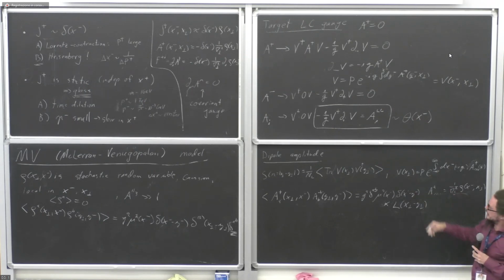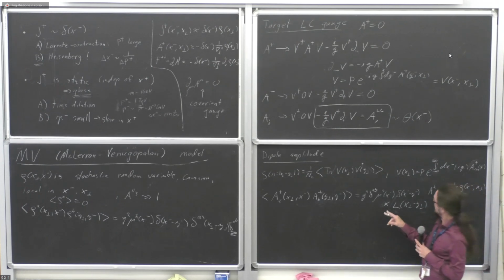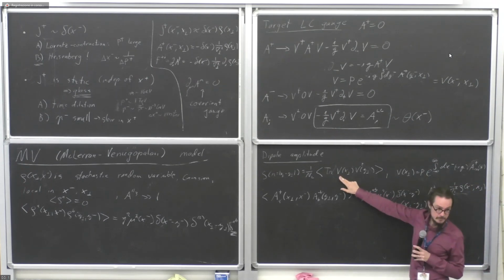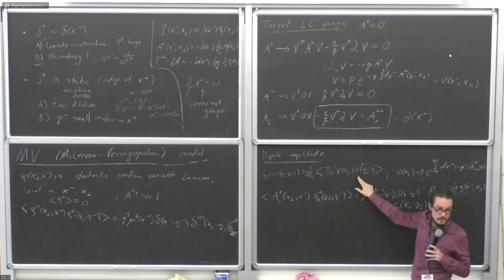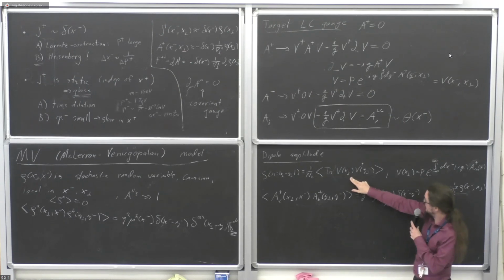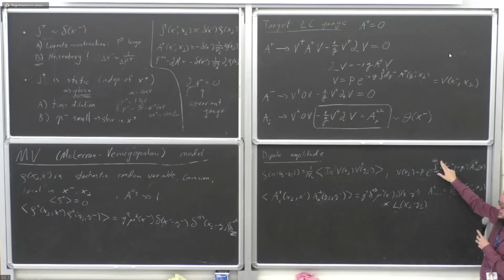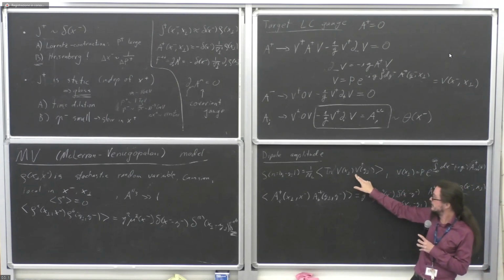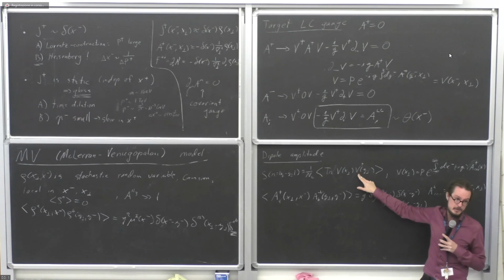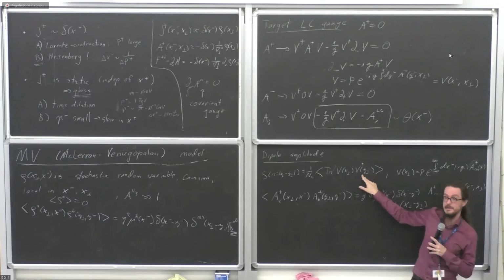What is even nicer is that if I have a V, and in this V my product is ordered from left to right, then if I take a V dagger, the product is ordered from right to left, right? So if in this V the largest x minus values are to the right, in the V dagger the same largest x minus values are to the left.